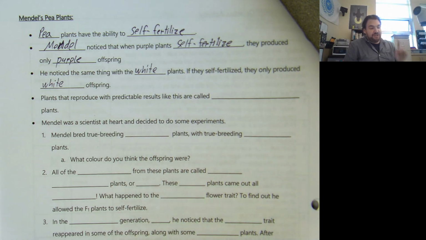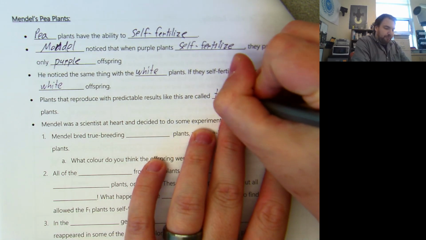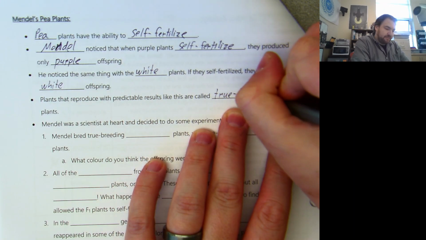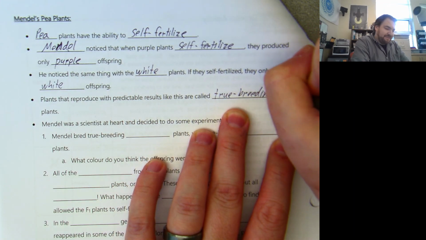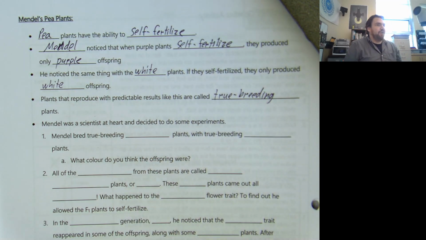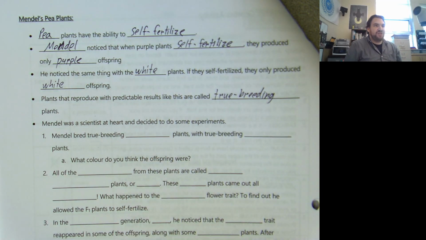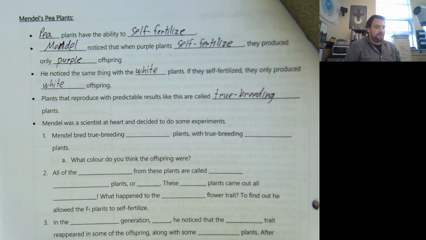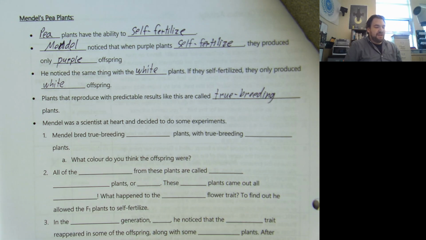Plants that reproduce with predictable results like this are what are called true breeding plants. And this makes them useful for all sorts of different kinds of genetic experiments. Mendel was a monk, but he was also a scientist, and he decided to experiment on these pea plants.